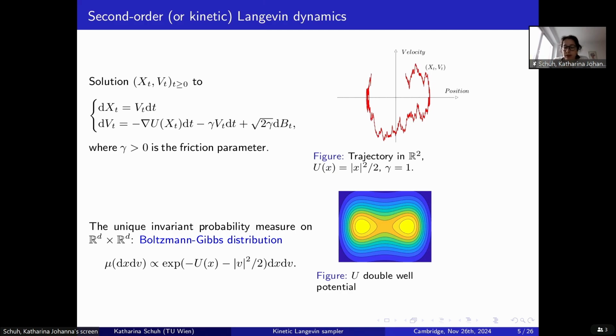For example, for a double well potential, so non-convex potential, you can see the level sets of this Boltzmann-Gibbs distribution. Therefore we are interested in the Langevin dynamics, since we have this nice property that in the X marginal we observe the right target measure.